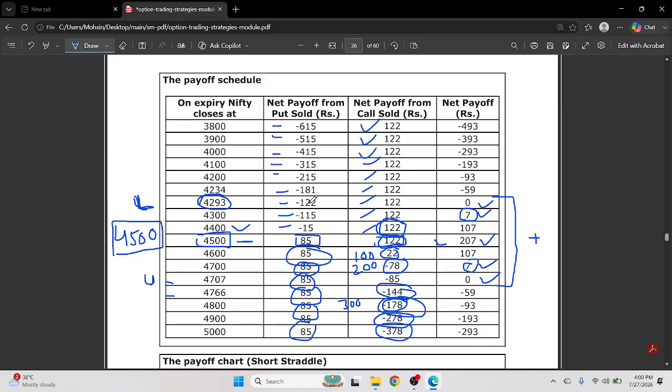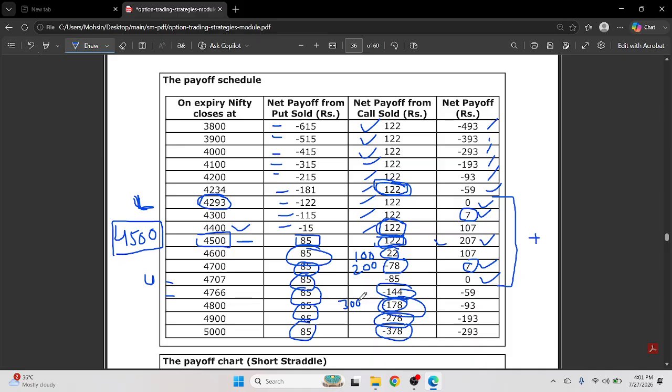So if the market is going in the downward direction, you can see the call will only protect you up to 122 points. So if there is a loss of 200 points or 300 points, it will only protect you up to 120 points. Now you can see the market is going in the downward direction, we are having the unlimited loss.